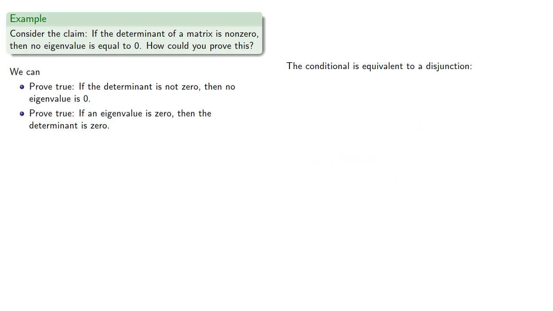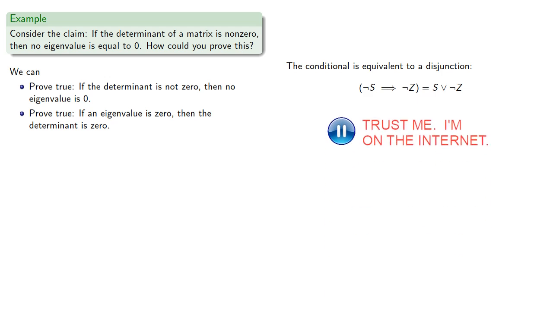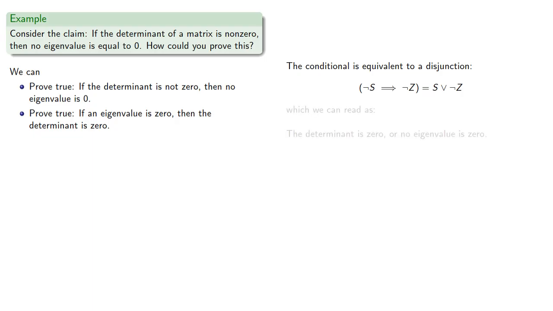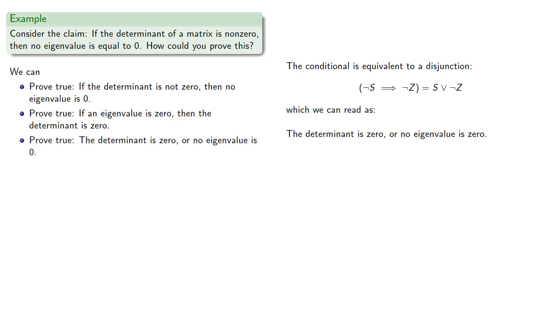Now remember, the conditional is equivalent to a disjunction, so our conditional becomes S or not Z, which we can read as the determinant is 0 or no eigenvalue is 0. And since that's logically equivalent, we can also prove true, the determinant is 0 or no eigenvalue is 0.